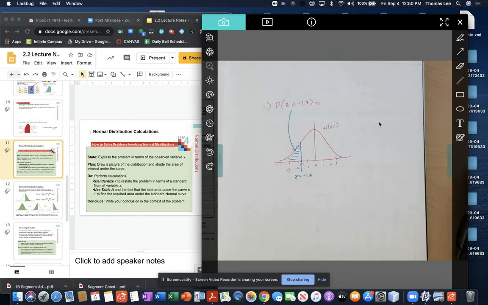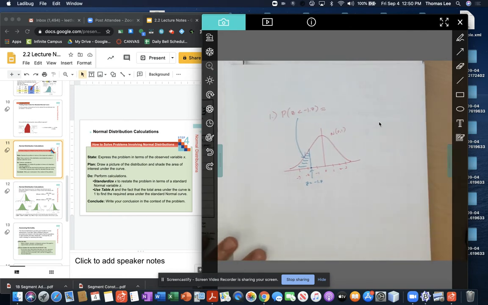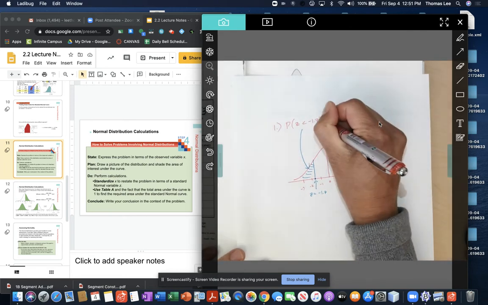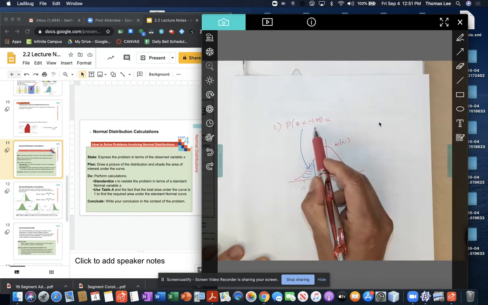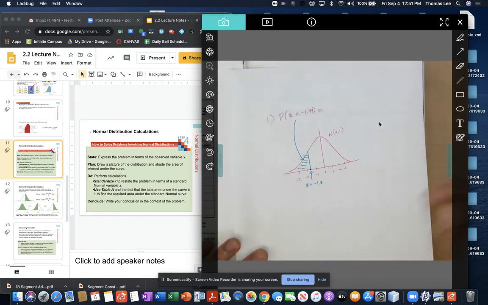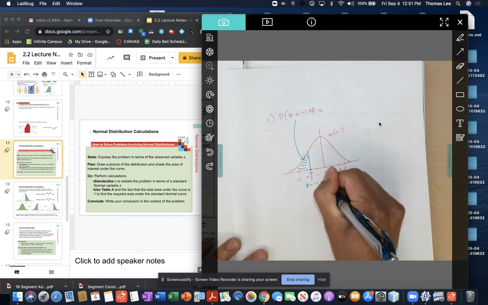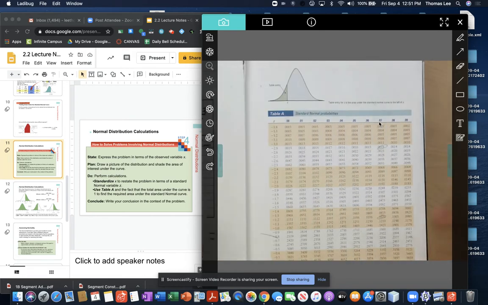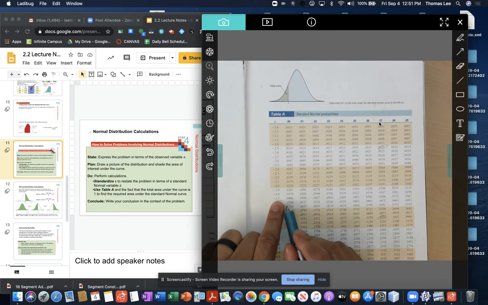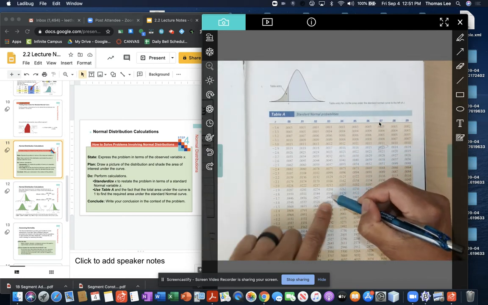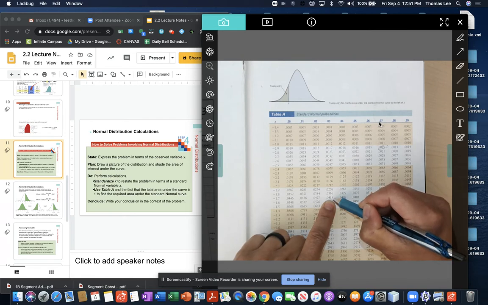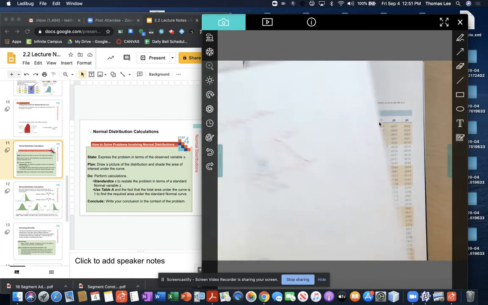Now let's say they do ask me for something with a hundredths value. Now my critical value is negative 1.73. So I go to negative 1.7, but I have to go over to 0.03, and line these up, and now my answer is 0.0418.